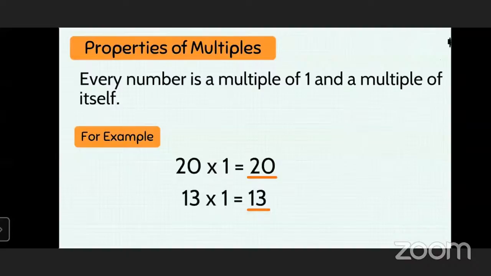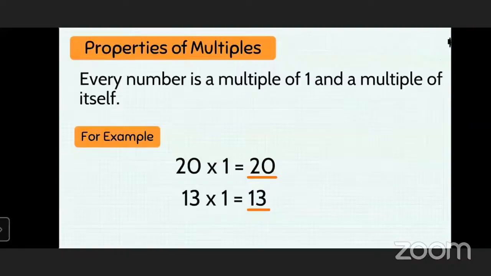It means that in the whole universe, whenever we pick any number and multiply it by 1, the product is always the number itself.